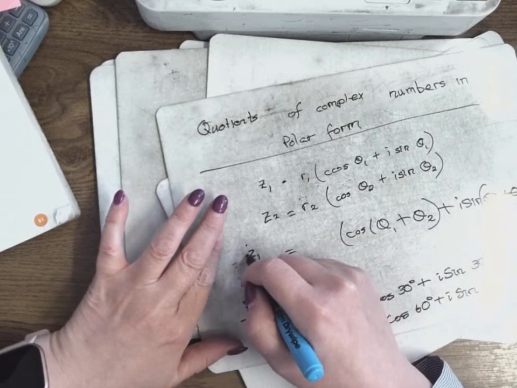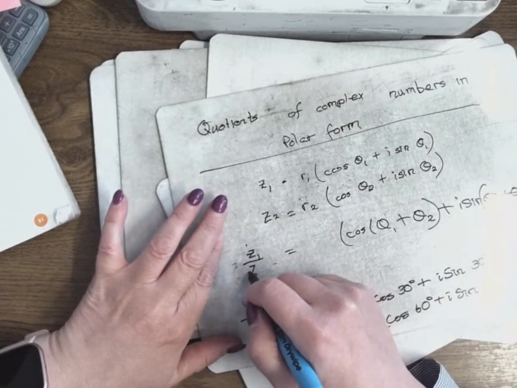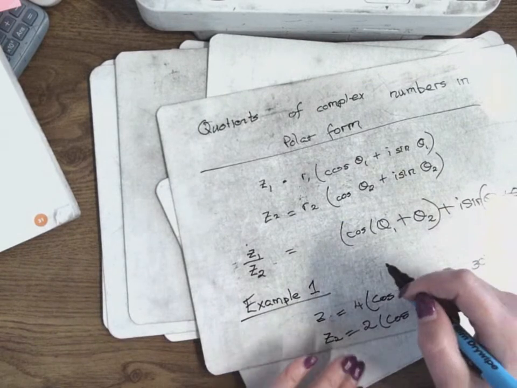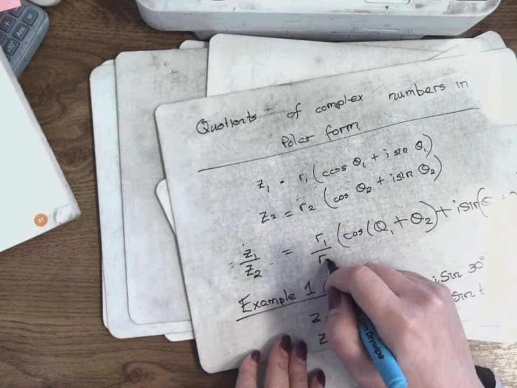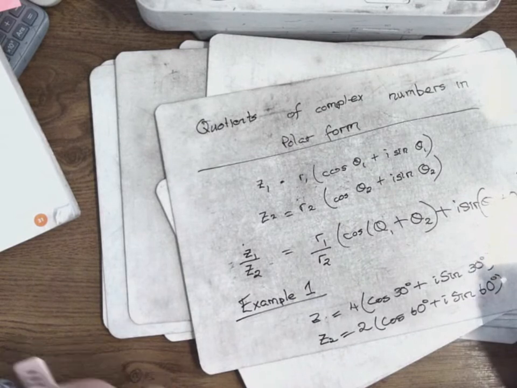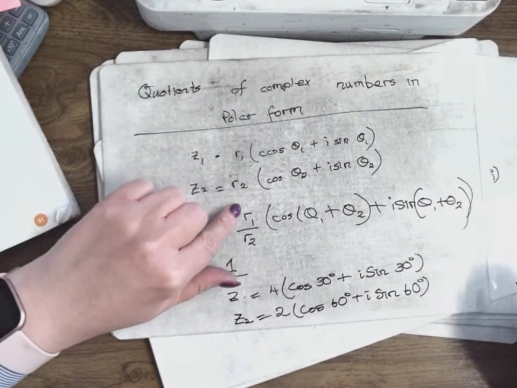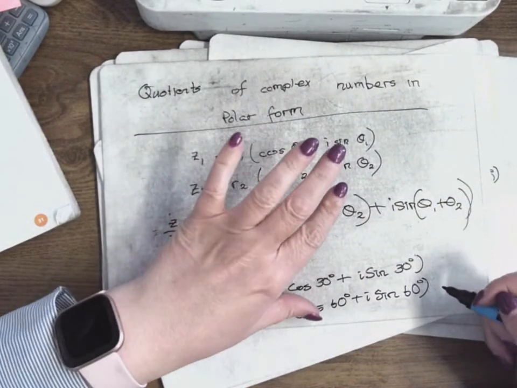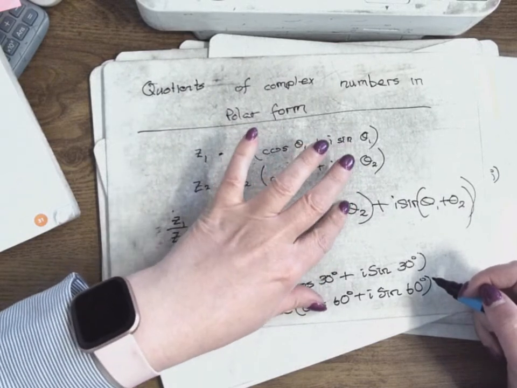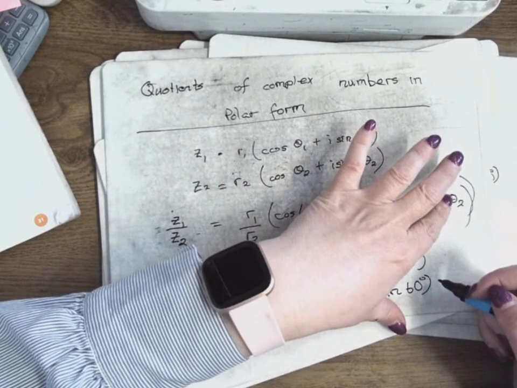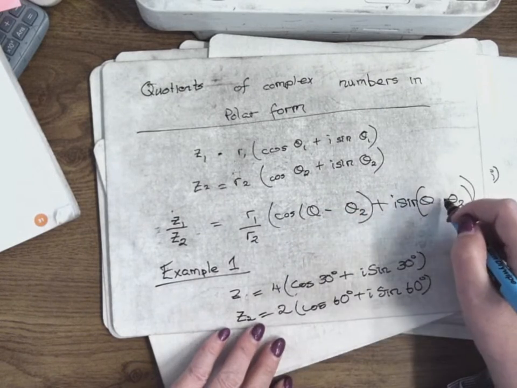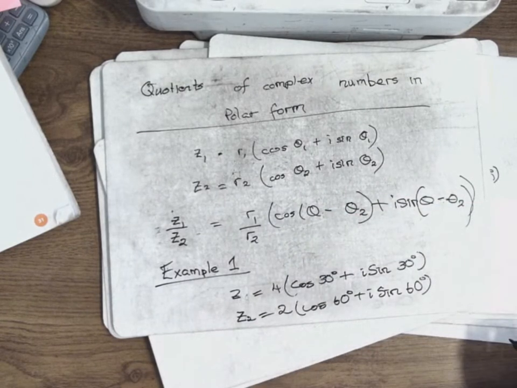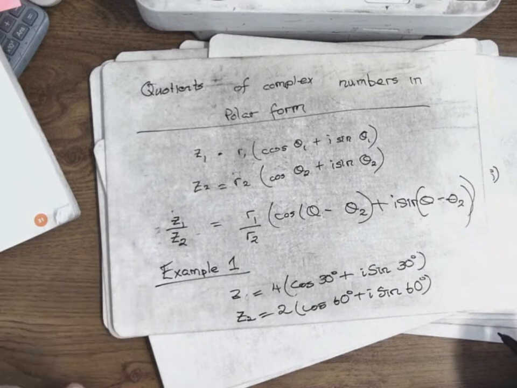If you want to divide z1 divided by z2, all you do is divide the moduli, so it's the modulus of the first one divided by the modulus of the second one. What do you think you do with the angles this time? If you added them to multiply, what do you think you do to divide them? Subtract them, yeah, there you go, that's what it is.